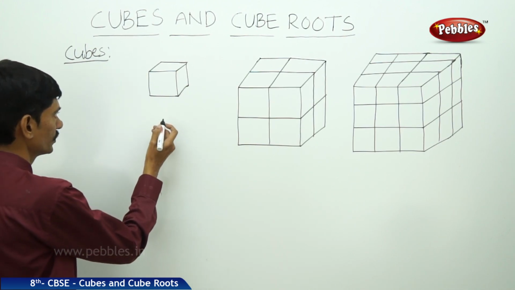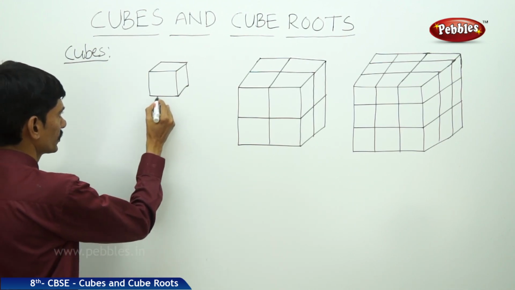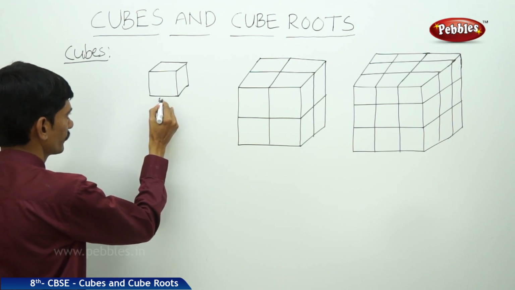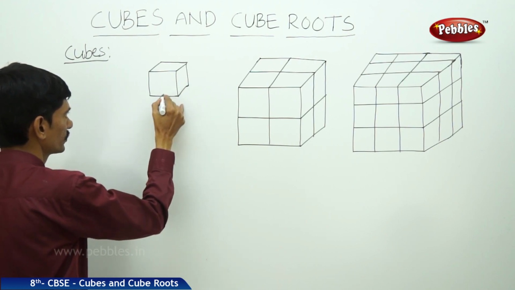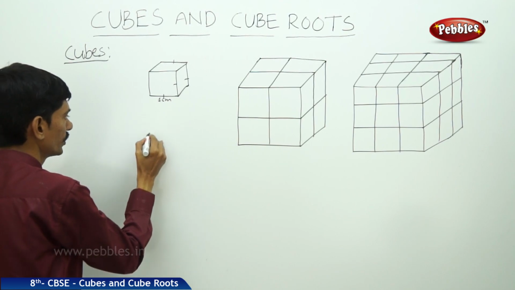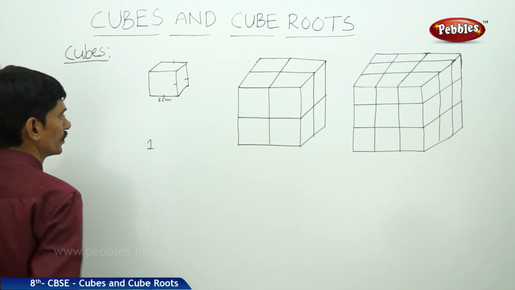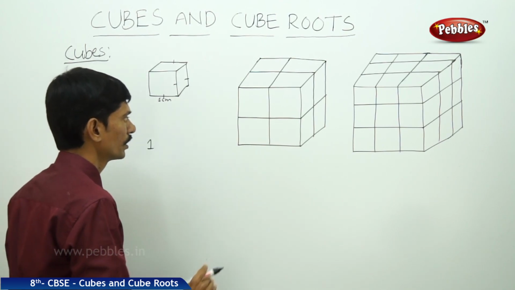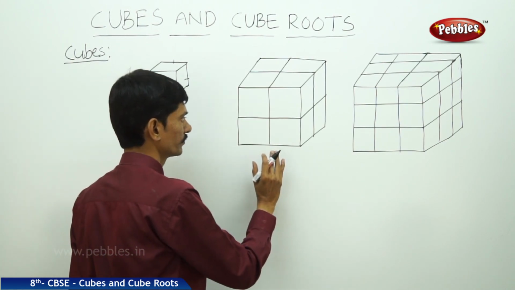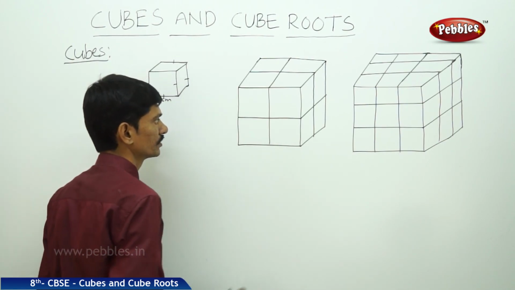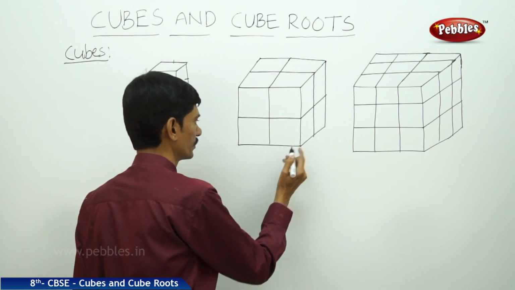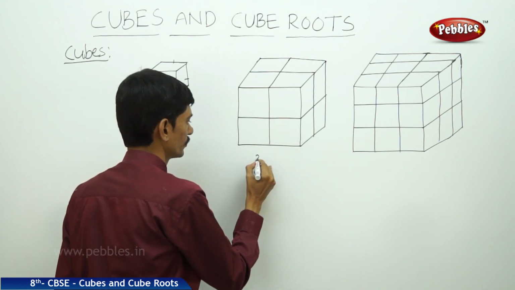Now let us take some cubes whose side is 1 centimeter. See in the first figure, the side of this cube is 1 centimeter, which means all the sides are equal. So there is only one cube whose side is 1 centimeter. Now let us take the second cube whose side is 2 centimeters.